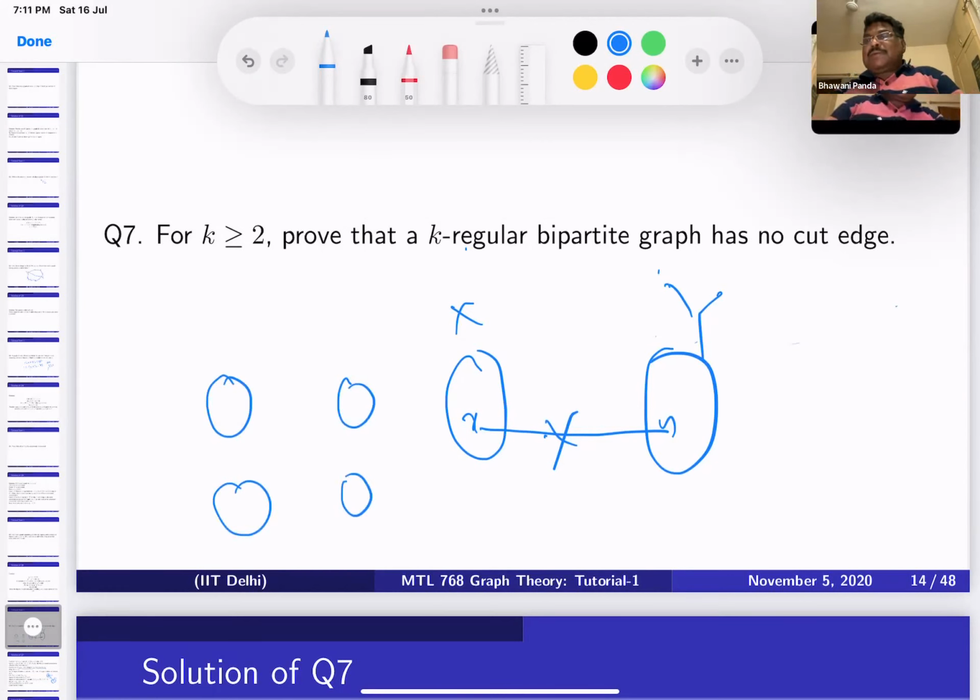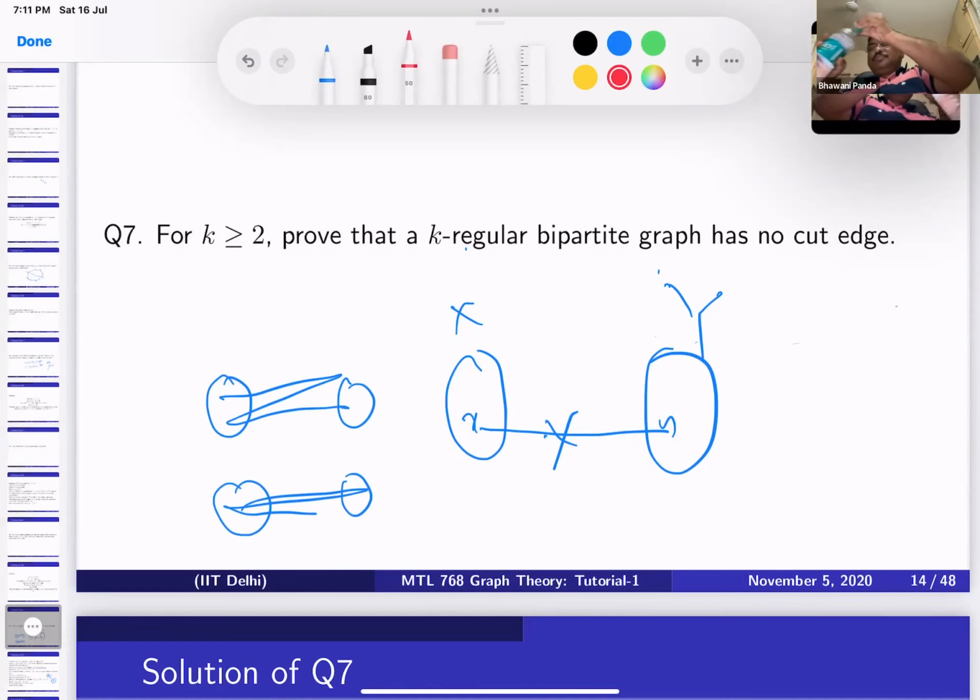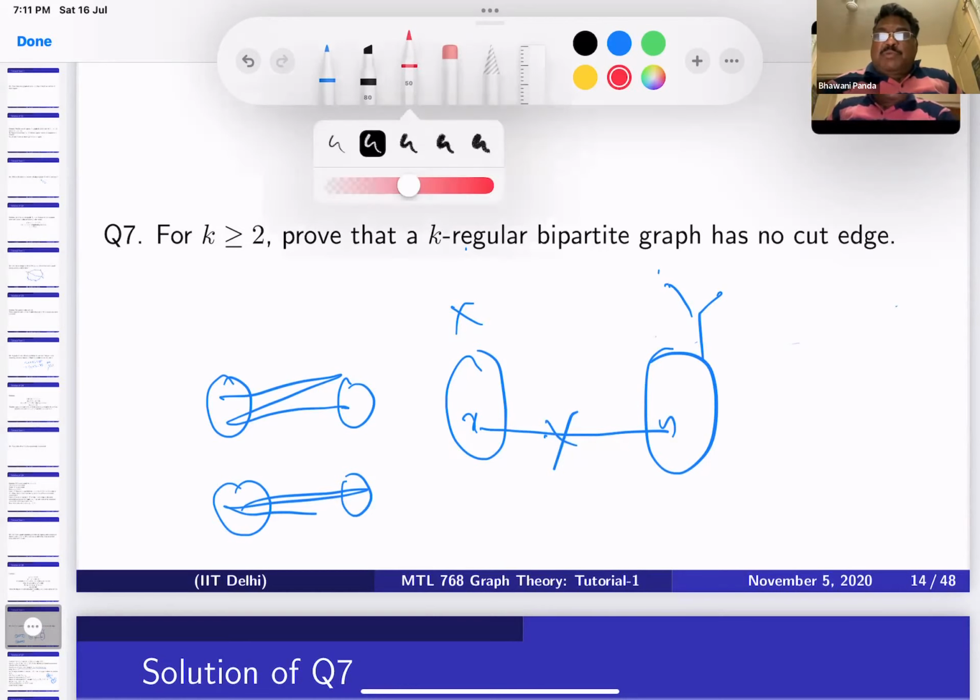Again, these subgraphs will also be bipartite, and the edge XY will be there. Suppose XY is the cut edge. From which part to which part will this edge go? Without loss of generality, it will be like this.